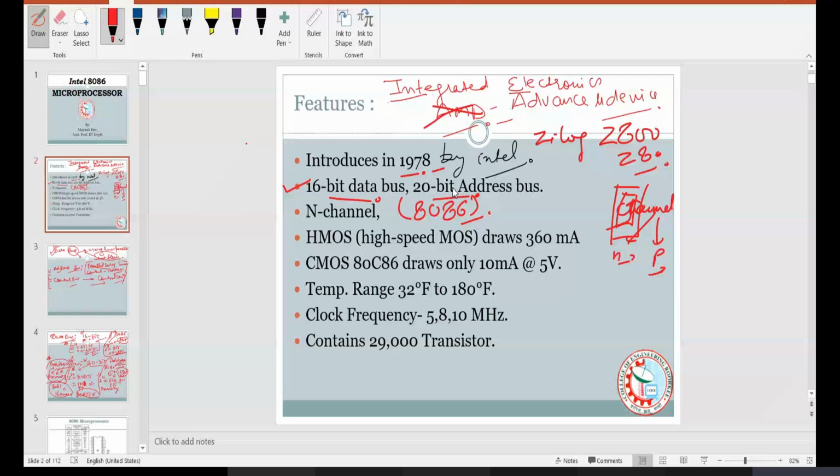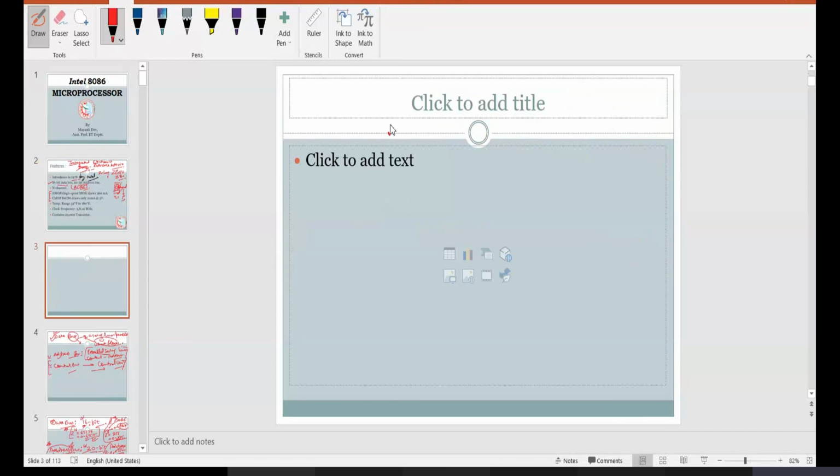Next we have the types of 8086 on the basis of fabrication. For every IC, from the numbers printed on it, we can understand what fabrication we have.